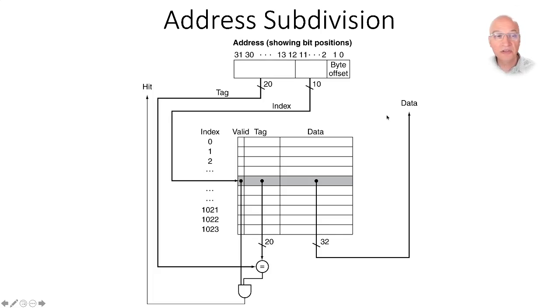So this illustrates with a different type of diagram how the access happens to the cache. If either the tag did not match the tag of the address given by the processor, or the valid bit was not 1, then I will provide the processor an answer that says this is not a hit, this is a miss, I don't have the data in the cache.